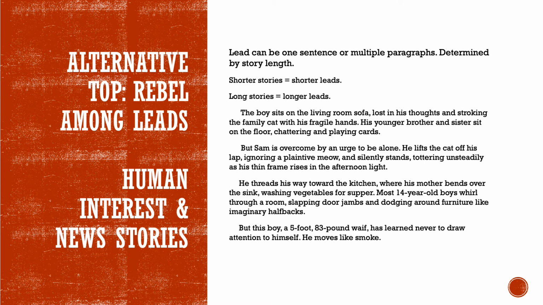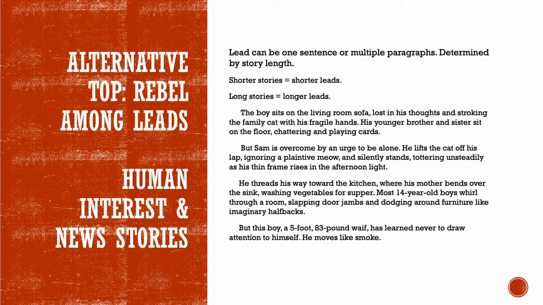So that description, we don't know what's going on with him, right? We know his name is Sam, but we don't know why he appears to be fragile. And actually, that was a word used here. But if you notice, they're not fancy words. These are words that we would normally use in our vocabulary. It's quite conversational, but even the verbs are very strong, right? Stroking the family cat, right?